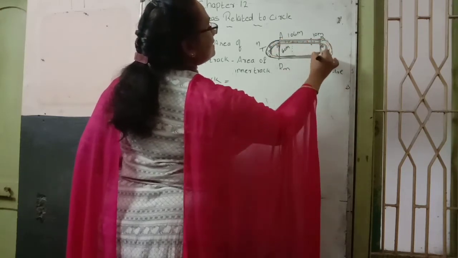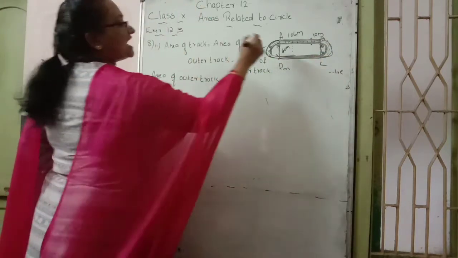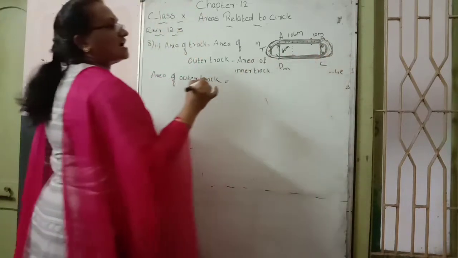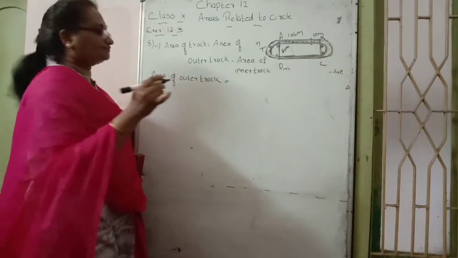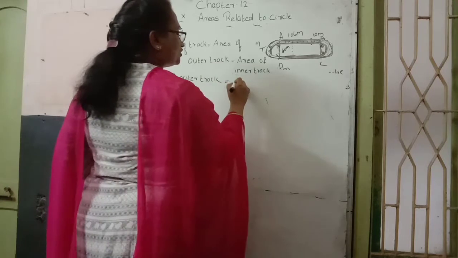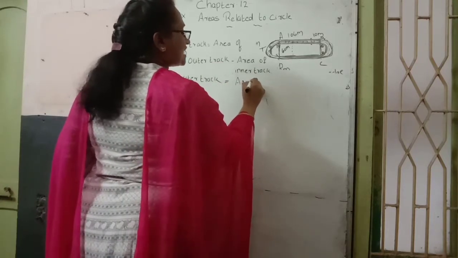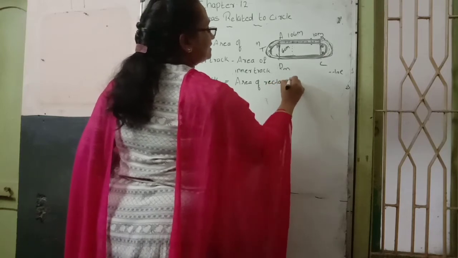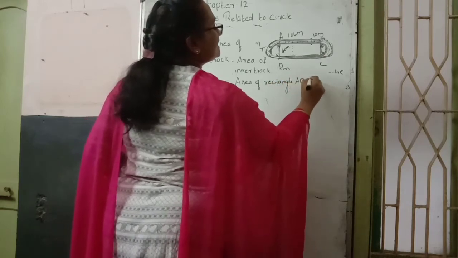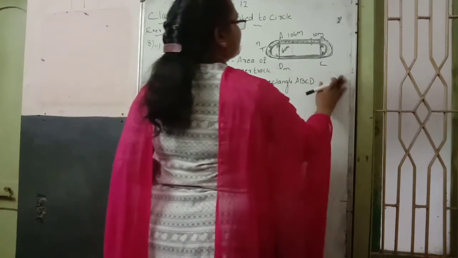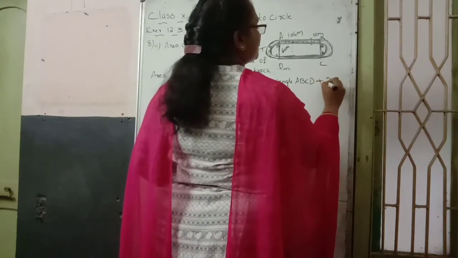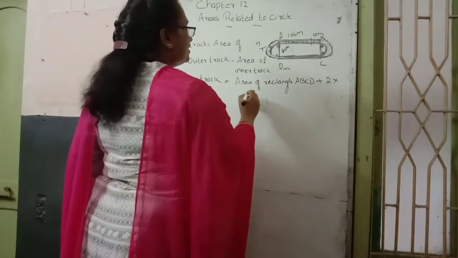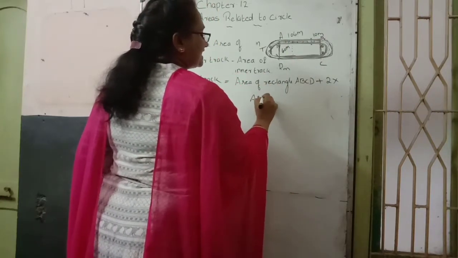This is our rectangle ABCD. And the right and left parts of rectangle ABCD represent a semicircle. So what we want to do here is the area of the rectangle ABCD added with 2 times the area of a semicircle, right and left, 2 semicircles are there.